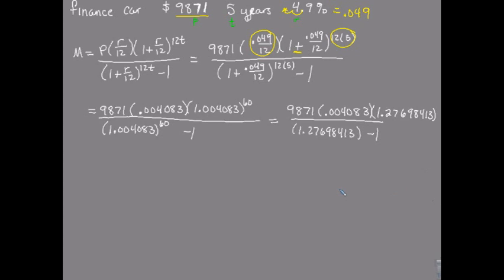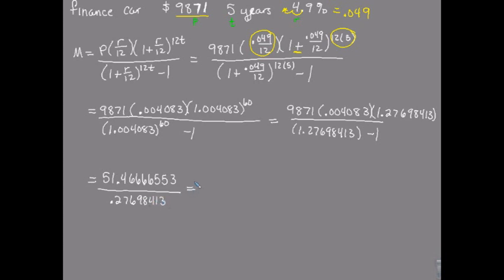Good, okay. Then I'm going to multiply the top. So 9871 and 0.004083. I'm just keeping lots of decimal places because I like accuracy.